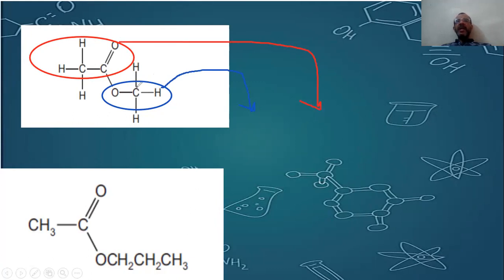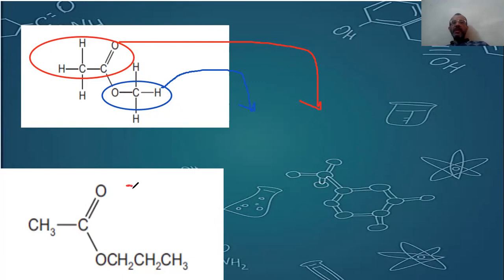How many carbon atoms are in this compound which comes from alcohol? One carbon atom. And I told you, one means meth, two means eth, three means prop, four means but, and so on. One carbon atom at the beginning, we call it meth.